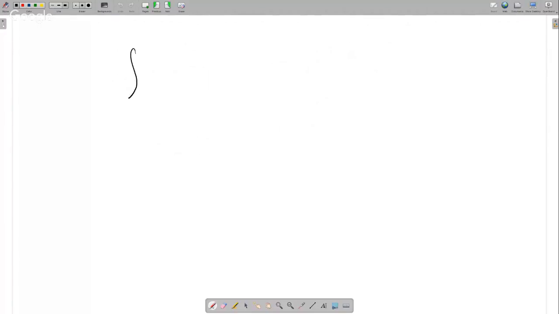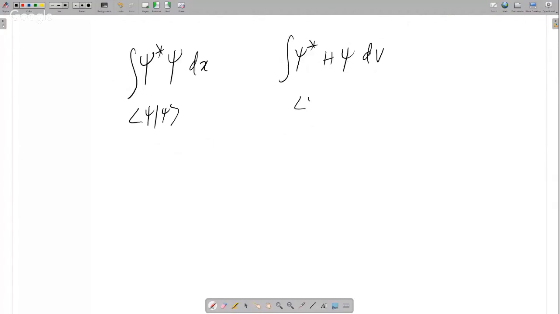So you can write down the integral of psi star psi dx, or you can write down the integral of psi star H psi dx, or dv. I'm writing in 3 dimensions. This is basically how wave mechanics develops. And then with Dirac's bra and ket algebra coming in, you can write this as the bra psi, ket psi, and this as the bra psi H ket psi.